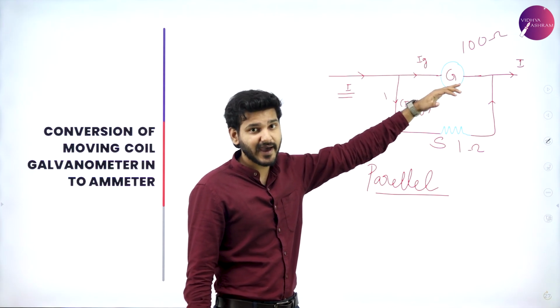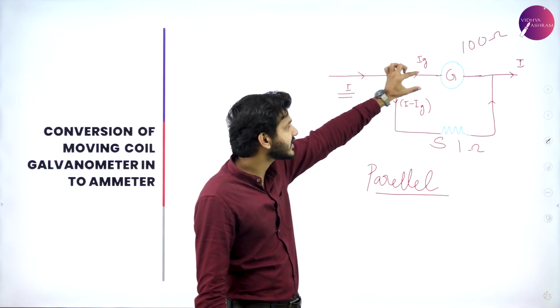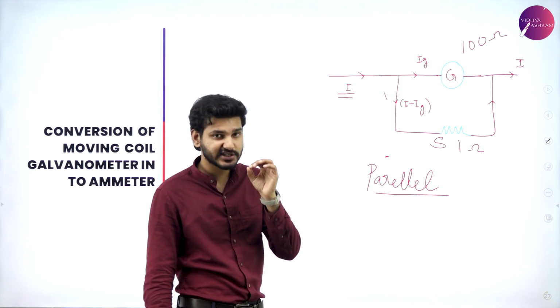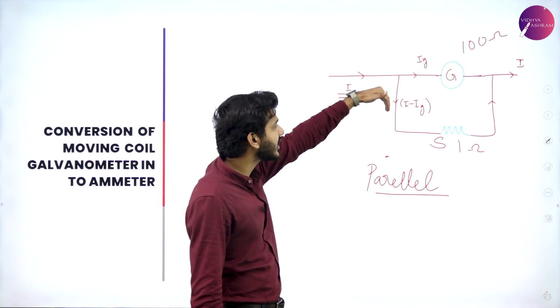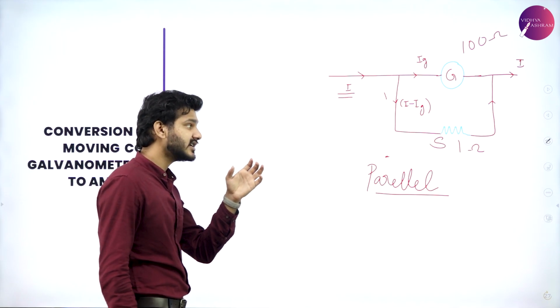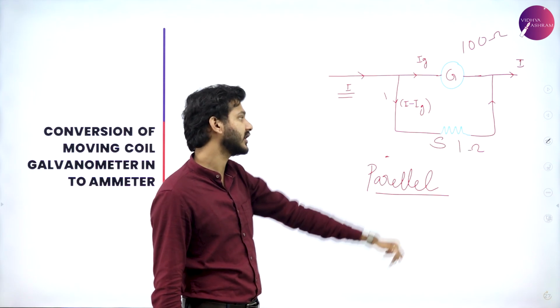So I'll still get the value and nothing is being disrupted. The only thing I added was a parallel resistance to the galvanometer, just to make sure that most of the current flows through this small resistance. And the resistance connected is very small because I want most of the current to flow through that only.